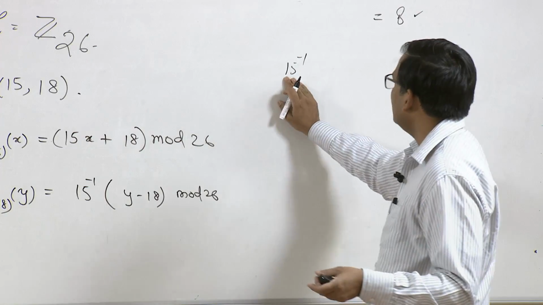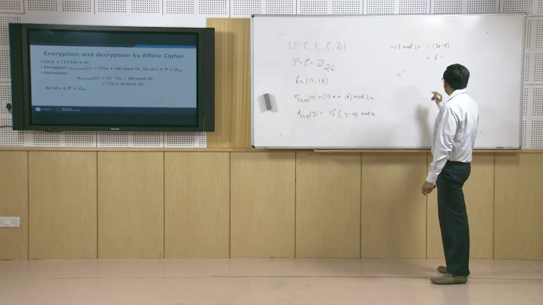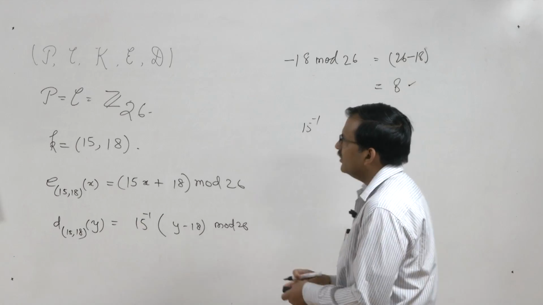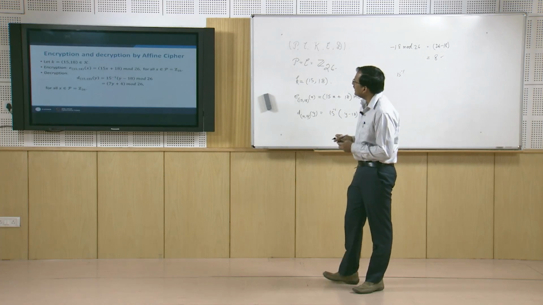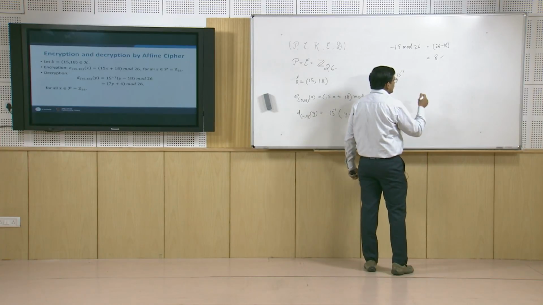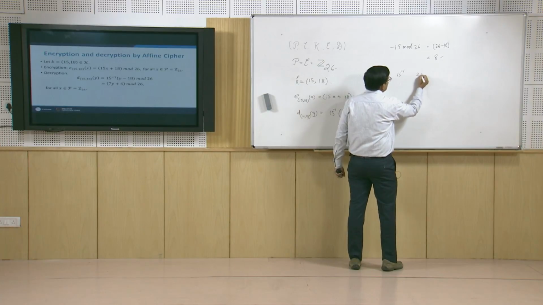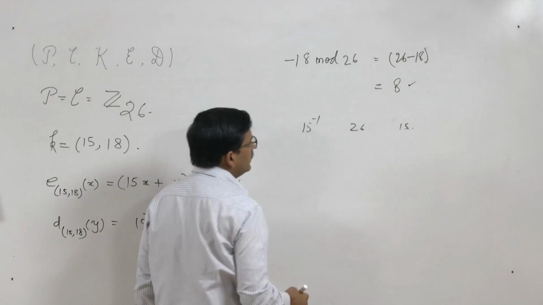In this case 15 has GCD 1 with 26. So, we try to do that. For that we will have to use the technique that we have studied in the last lecture. Let us do that. So, I have got 26 and I want to invert 15 here.